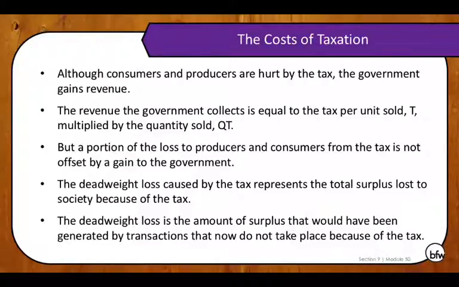And this is what we refer to as the deadweight loss caused by the tax. It represents the total surplus that is lost to society because of the tax. The deadweight loss is the amount of the surplus that would have been generated by transactions that were mutually beneficial to both parties that now do not take place because of the tax.